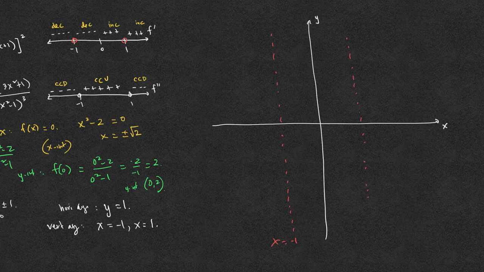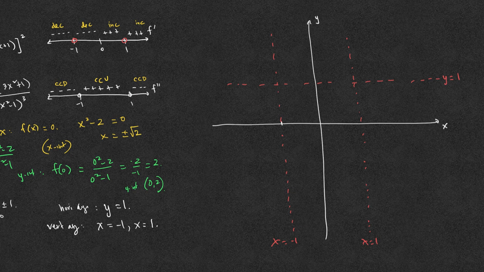They are the help lines. They guide us in graphing the function. The horizontal asymptote is also y equals 1. Again, label the asymptotes clearly, whether they are x equals or y equals.